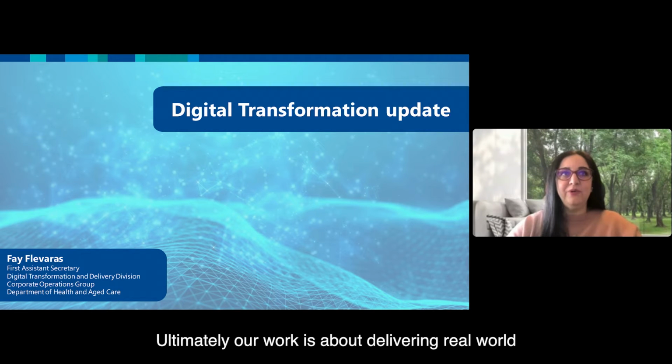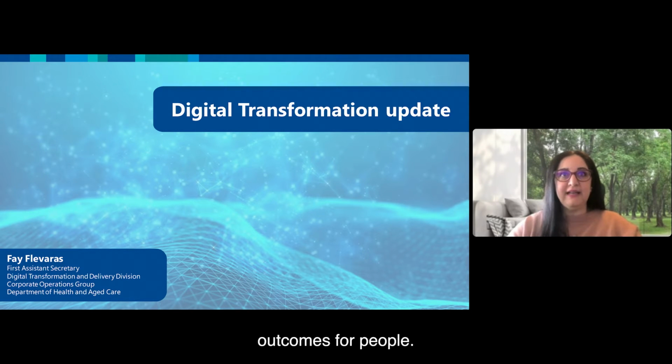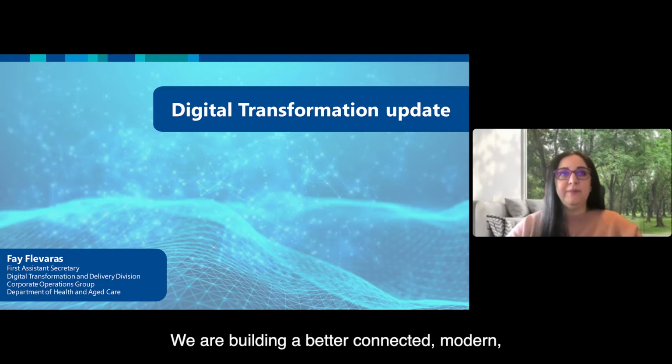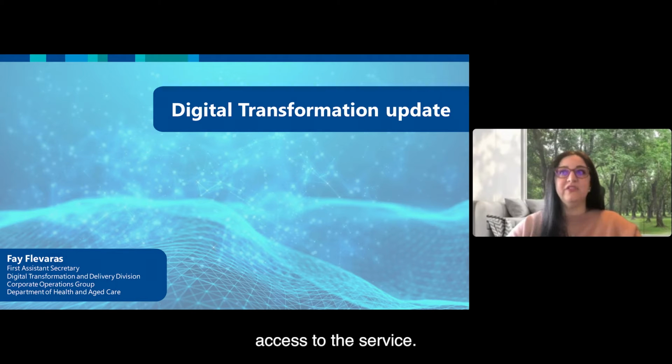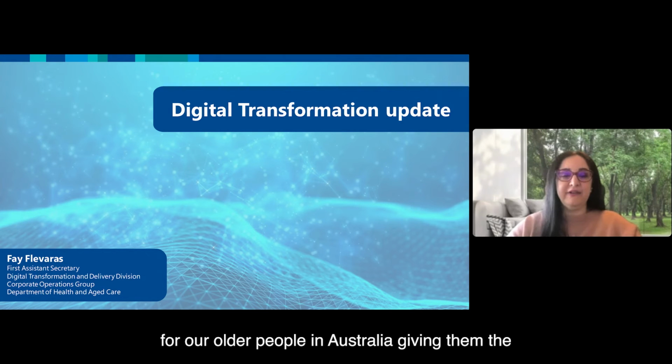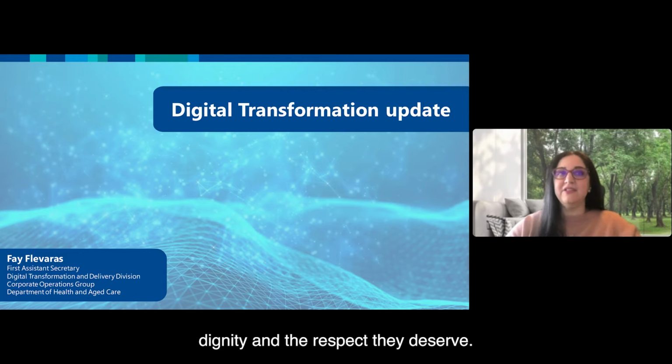Ultimately, our work is about delivering real-world outcomes for people. We are building a better connected, modern, digitised aged care ecosystem, trying to remove the red tape, streamlining business processes, and access to the service. This is all so we can enable higher quality care for our older people in Australia, giving them the dignity and the respect they deserve.